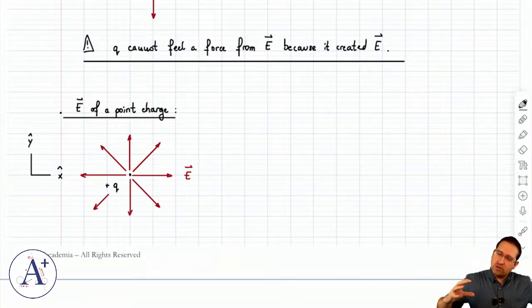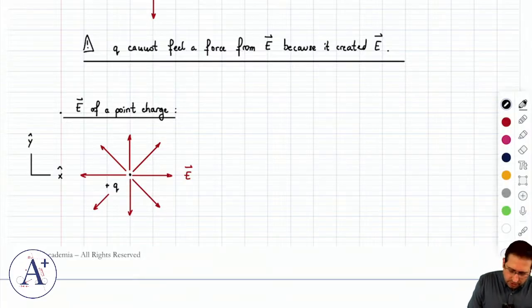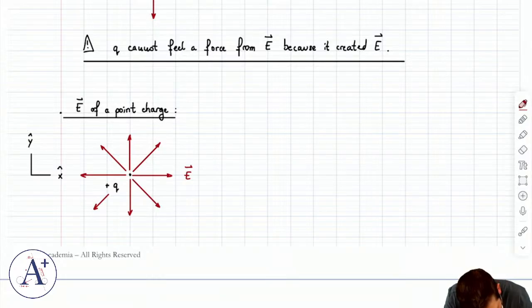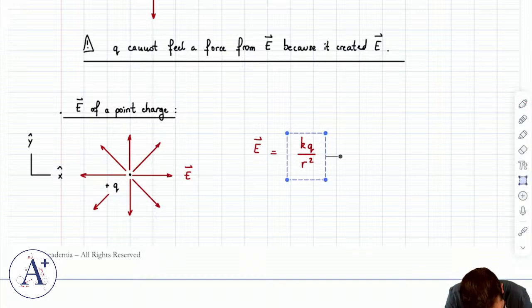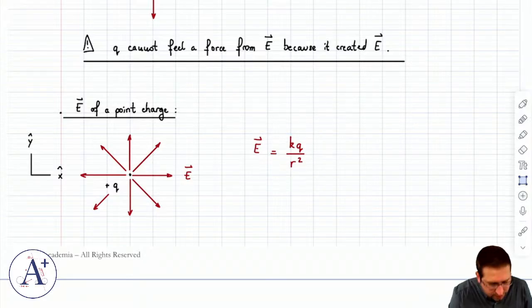But if I could only get one formula that condenses everything, which is typically what we like in physics, well, then I would do this. I would write that the electric field E is equal to, I'm going to write kQ over r squared, but we're going to talk about k in a second. So kQ over r squared, that is going to be the magnitude of the electric field.